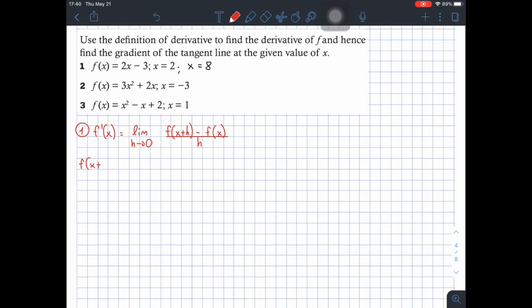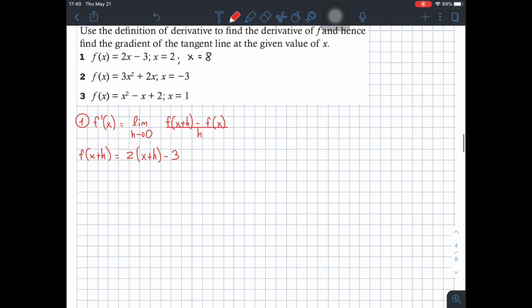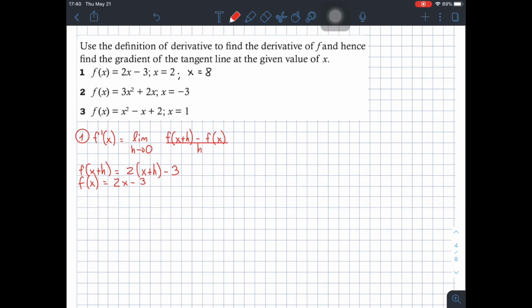This is a function, so f of x plus h would be 2 times x plus h minus 3, and f of x is directly 2x minus 3. And h is just h, so we're going to leave it like that.